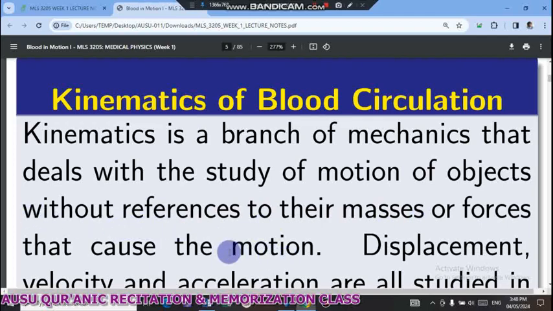I already explained that, meaning you do not consider the forces that cause the motion at all, and you do not consider the masses of the object. You are only interested in the distance covered, the time taken, the velocity, the speed, displacement, all these parameters, but no mention of force, no mention of mass.